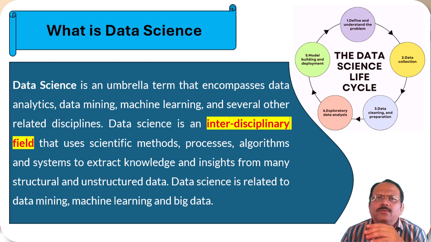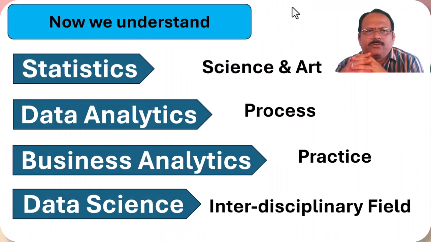If you see in this picture: define, understanding the problem, then data collection, then data cleaning, preparation, exploratory data analysis, model building, deployment. This is the data science life cycle. In this way it works. So now we understood that statistics is a science and an art, data analytics is a process, business analytics is a practice, and data science is an interdisciplinary field.